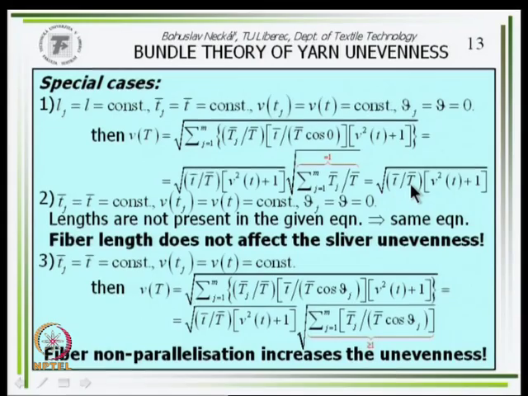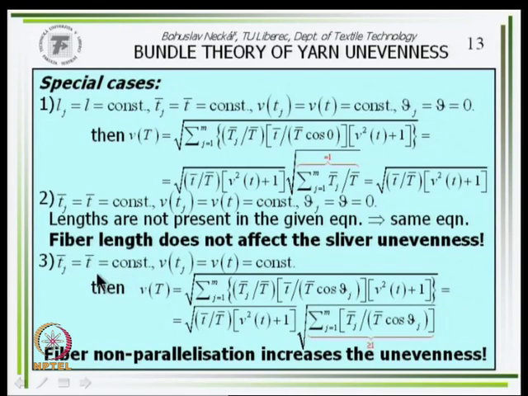Fiber length is not on the right-hand side for the coefficient of variation of local sliver fineness. Length of fiber doesn't play a role for our value Vt, so we obtain the same results. We show that the length is not important for the coefficient of variation. Fiber length doesn't affect the sliver unevenness.